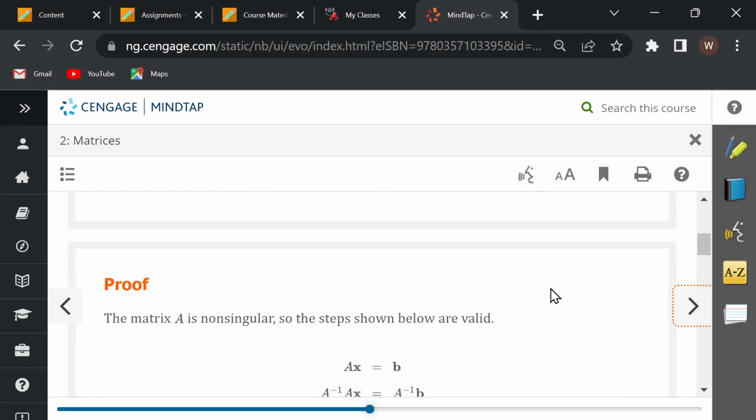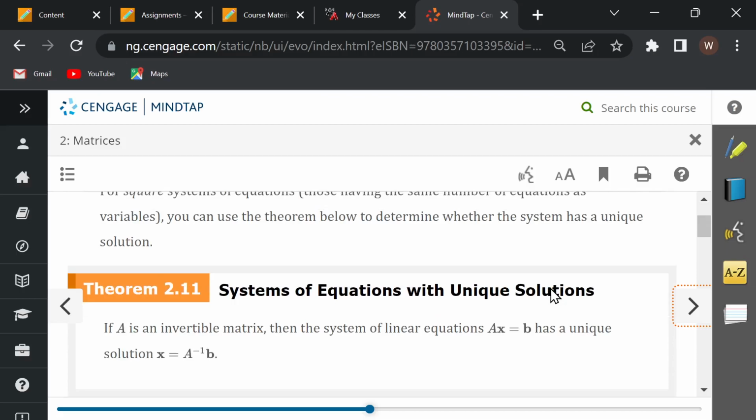So basically, you get a unique solution when the matrix on the left is non-singular, which means it's square, it's not over or underdetermined, right? And it's not squishing space into a smaller number of directions. It's an invertible matrix. And the solution is going to be A inverse times B. Does this make sense?